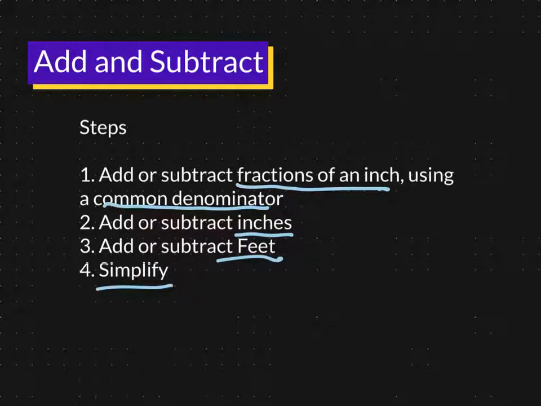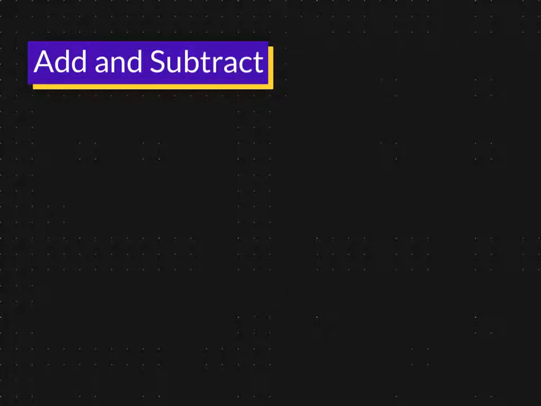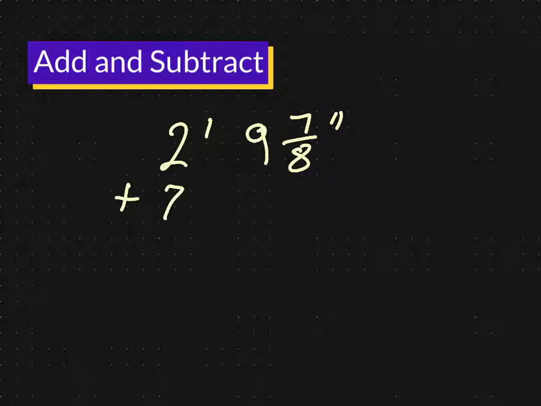Here's what I mean. For example, say you need to add 2 feet, 9 7/8 inches, plus 7 feet, 4 3/8 inches.